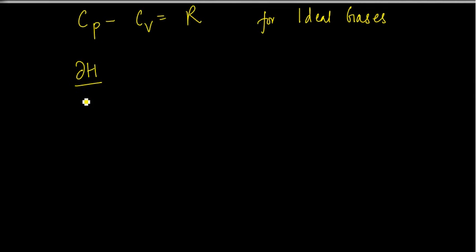So what we want to prove is Cp minus Cv is equal to R, and that's true only for ideal gases. So now we go back to the definitions. The definition of Cp is del H by del T at constant pressure.